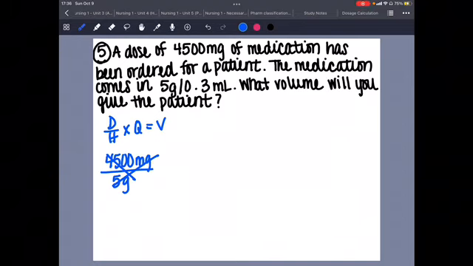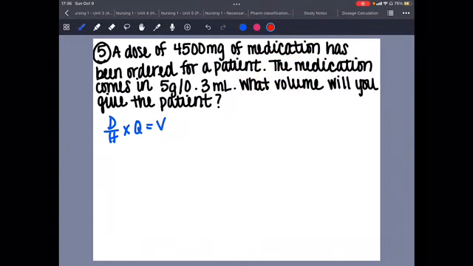So anytime you have a problem where you have to convert, for the desired over half method, you have to convert first. So we're going to erase this.